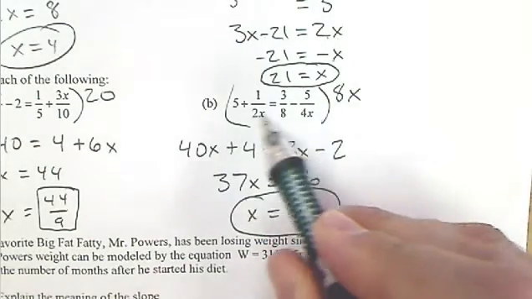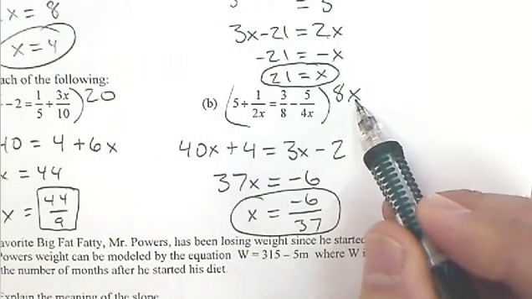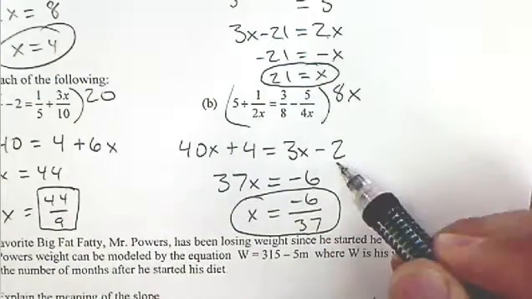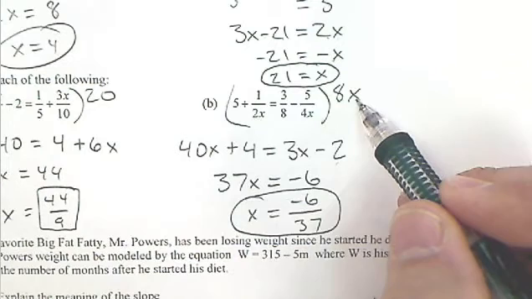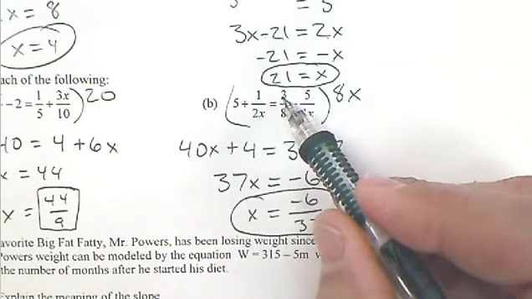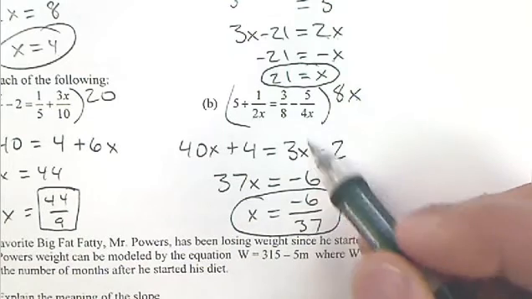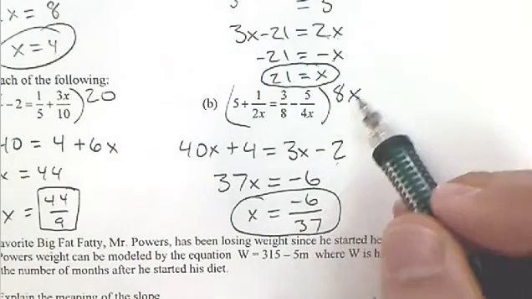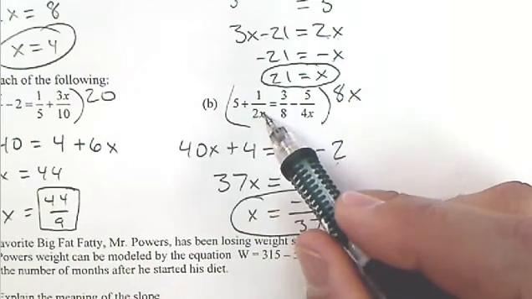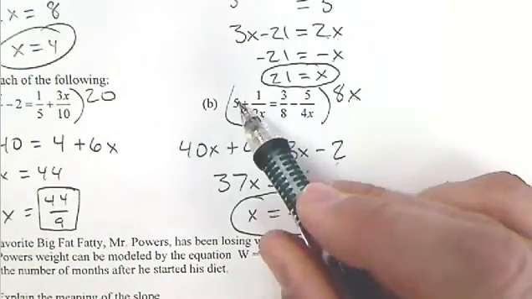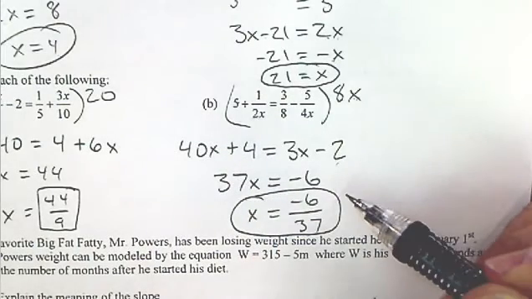Common denominator is 8x, so 8x times 5 divided by 4x is 2. 8x times 3 is 24x divided by 8 is just 3x. 8x times 1 divided by 2x is 4, and 8x times 5 is 40x.